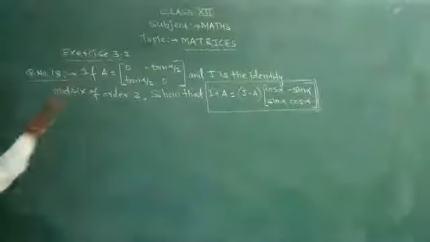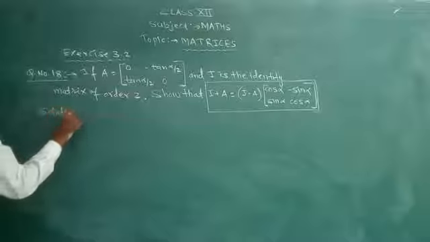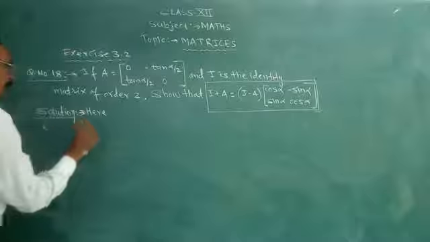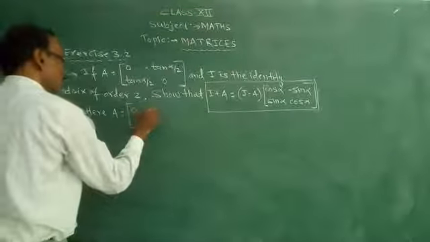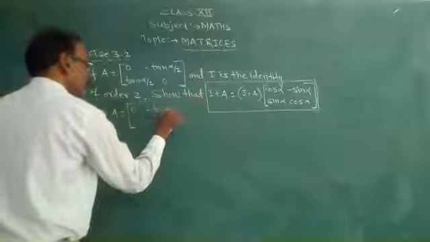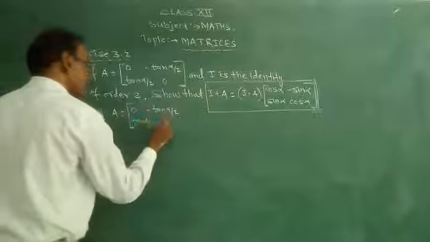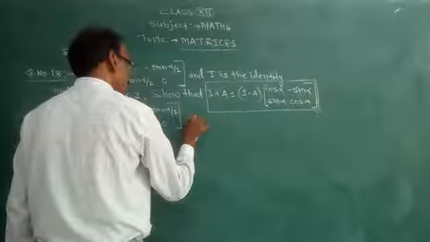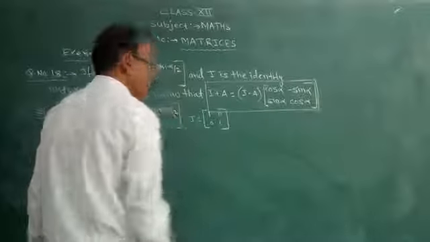So solution. Here A equals 0, minus tan alpha by 2, tan alpha by 2 and 0. This is matrix A, and matrix I is 2 by 2, 1 0 0 1. This is given.